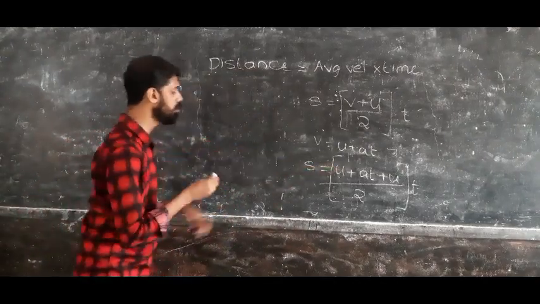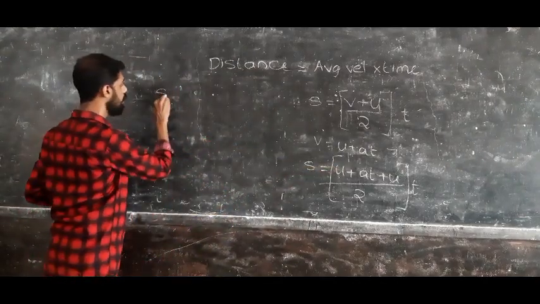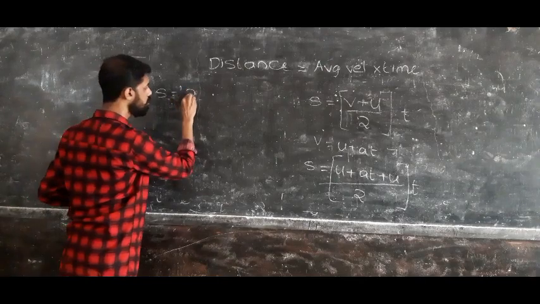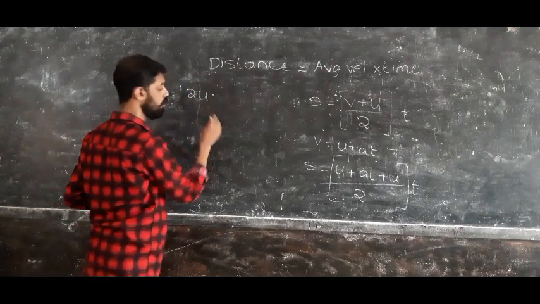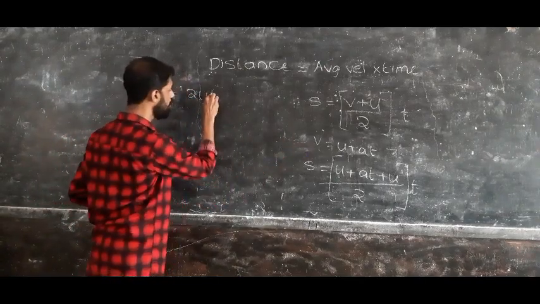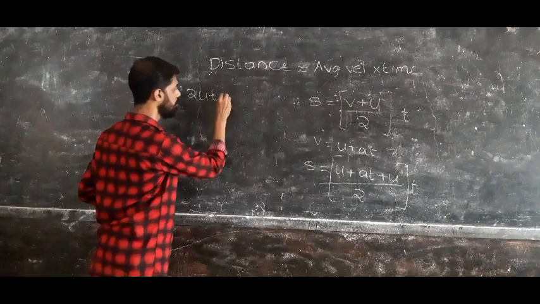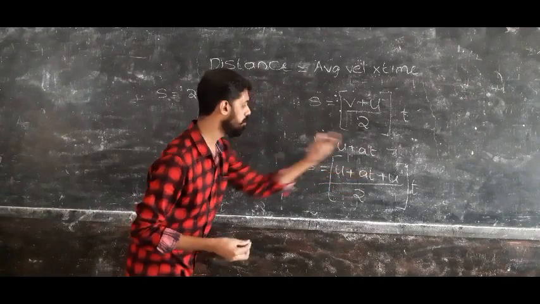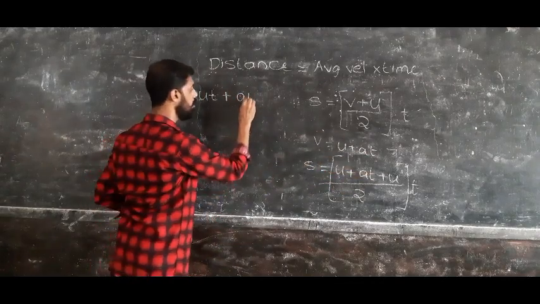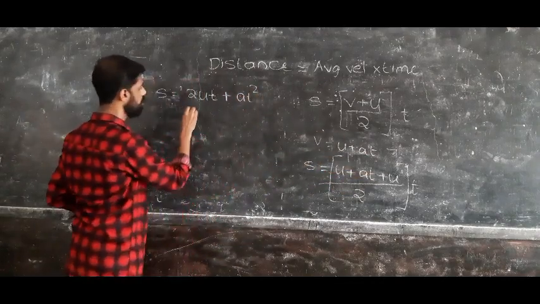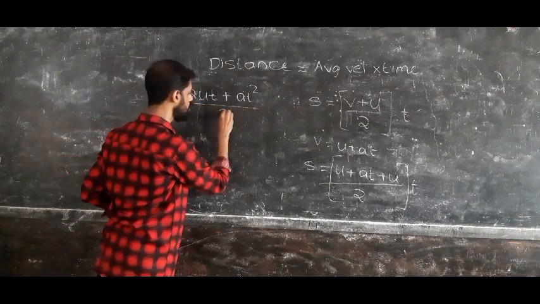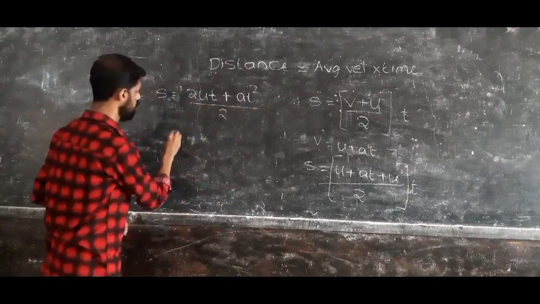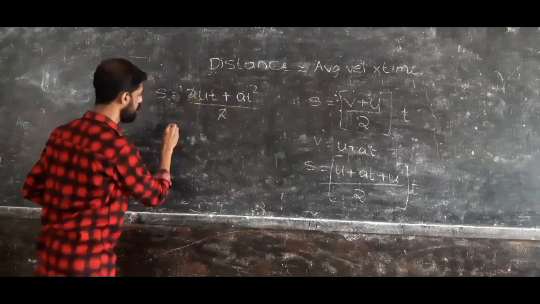First we add the two terms: s equal to u plus u, that is 2u. Multiplying t inside, it becomes 2ut plus at square, divided by 2. Now the 2 can be cancelled.